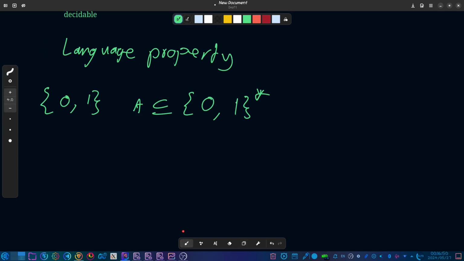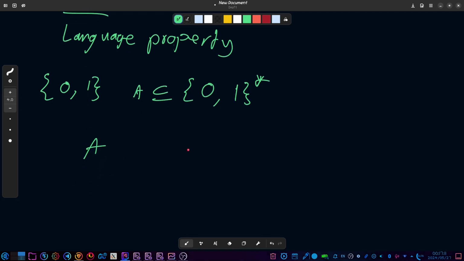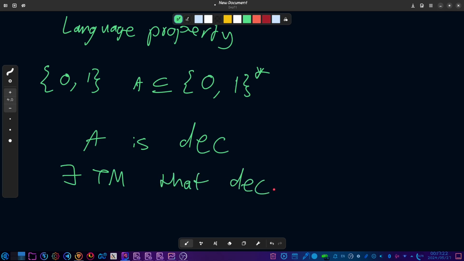What was I going to say? Oh yes, back to this. Decidable is a language property. So when we're talking about decidability, we are talking about subsets of these types of things, right? We're talking about sets of strings pretty much. So we say A is decidable if there exists a Turing machine that decides it, right?